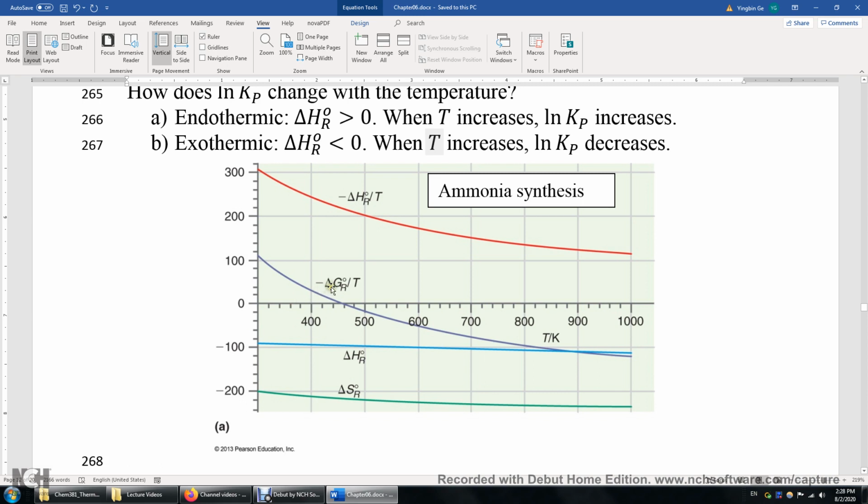However, you can tell this negative delta H over T changes.